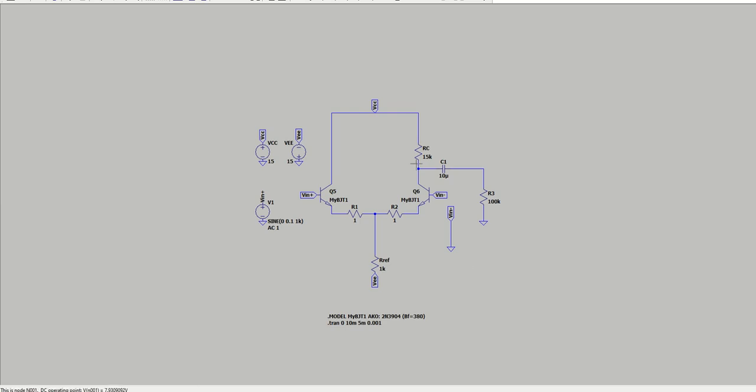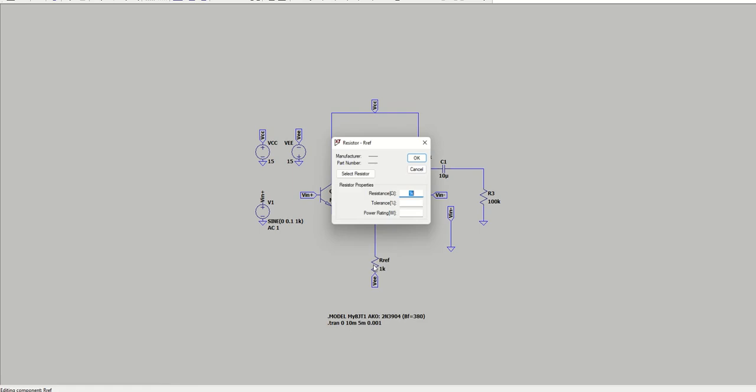So if the collector current is 0.5 milliamps for this branch and 0.5 milliamps for this branch, they add together at that node and turn into 1 milliamp. So we need to figure out how to get 1 milliamp here. Using Ohm's law, we can just take VEE divided by 1 milliamp, which will give us 15K.